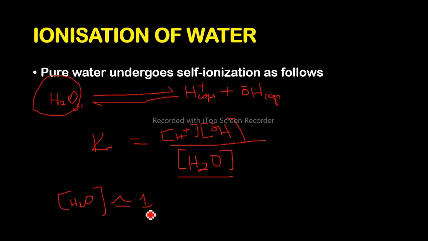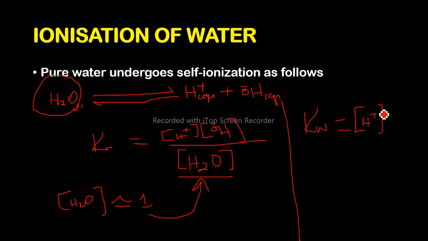So if we substitute, the expression for Kw, the ionization constant of water, is simply the concentration of hydrogen ions at equilibrium times the concentration of OH⁻ ions at equilibrium.